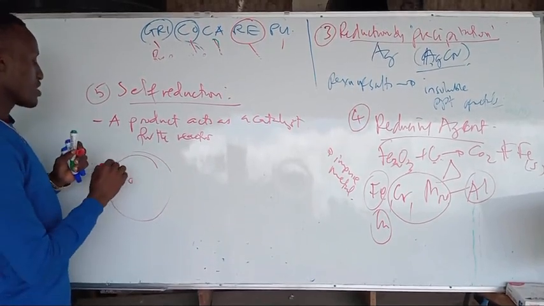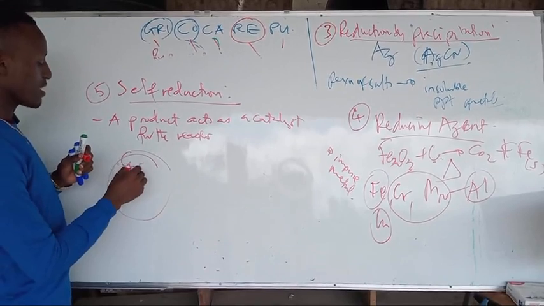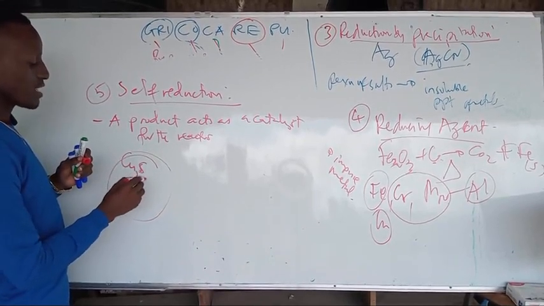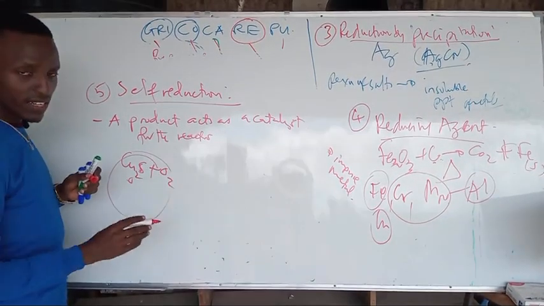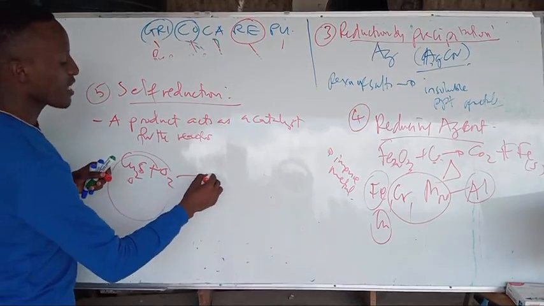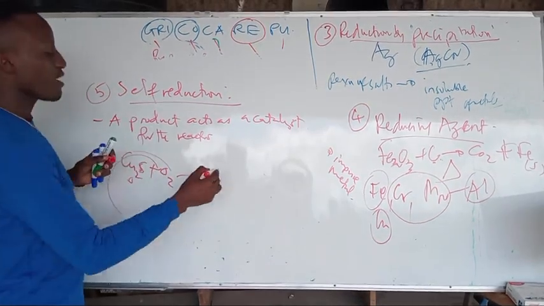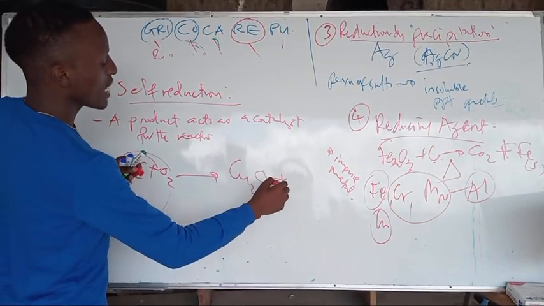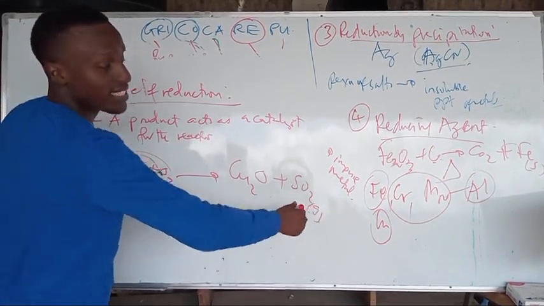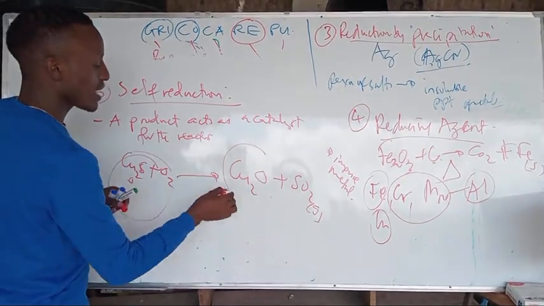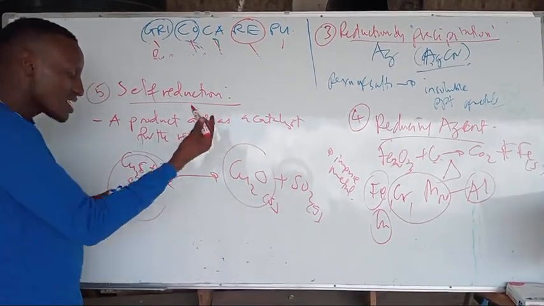For example, copper sulfide. Burning it in oxygen forms, from part of it, copper(I) oxide and sulfur dioxide. The gas is removed, but the solid is used to reduce more copper sulfide.